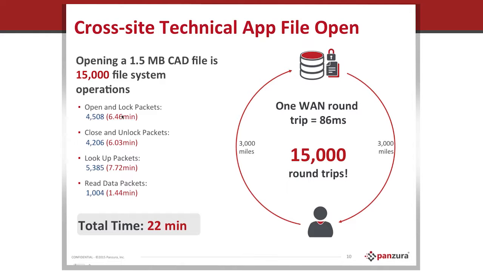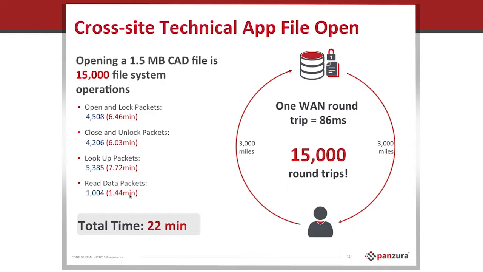But the whole operation, doing all these other lookups and opens and closes, took basically 20 minutes. So it took 20 minutes to do all these operations, and then 1.44 minutes to actually transfer the data.